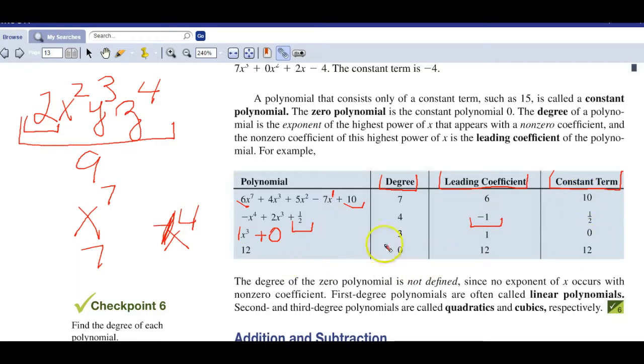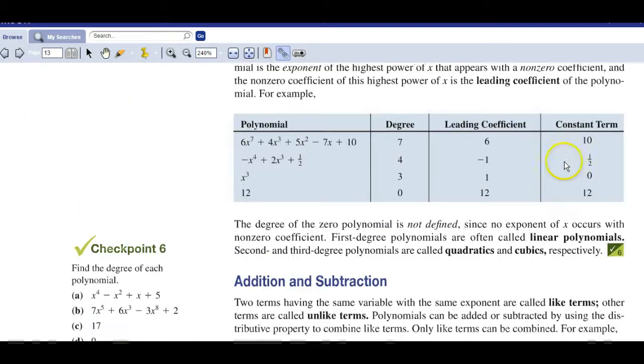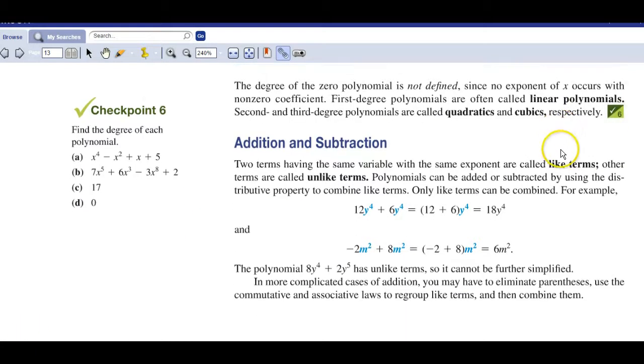Okay. Now they're taking you into the skill of adding and subtracting polynomials. And the key to this is which are the like terms, and those are the ones you can add.